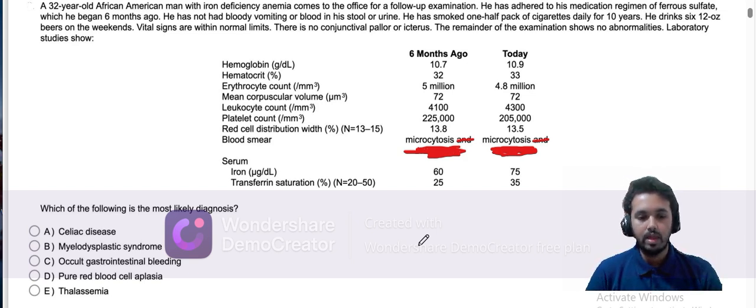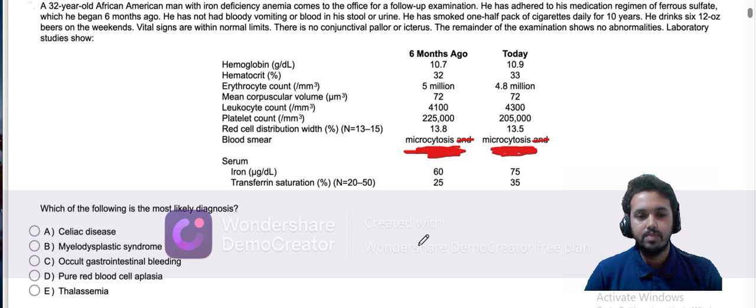Okay, option A, celiac disease. You know celiac disease is a GI disorder. Mostly it affects the duodenum, so it can cause microcytic anemia. Celiac disease patients have other problems, like diarrhea and skin problems on the elbow.